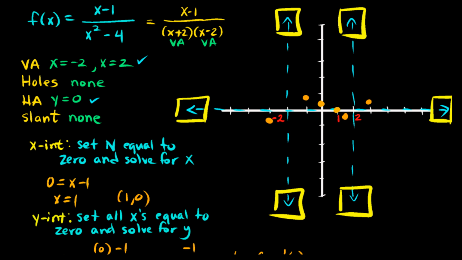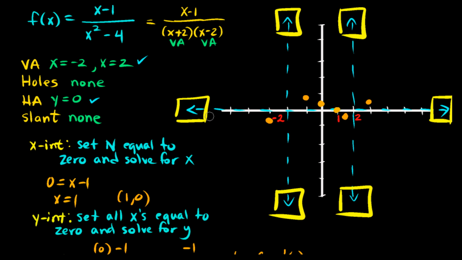Those areas are really important because the asymptotes go to positive and negative infinity, and they pull the graph toward them.